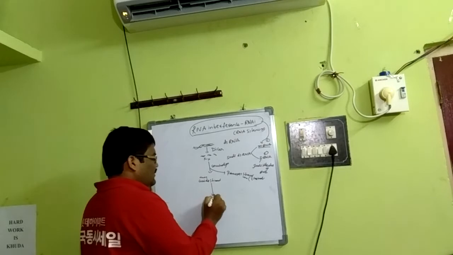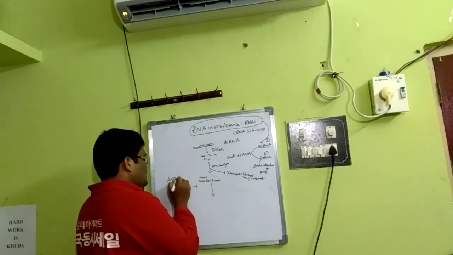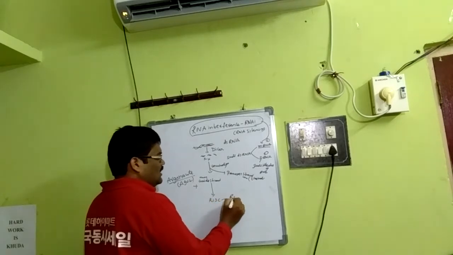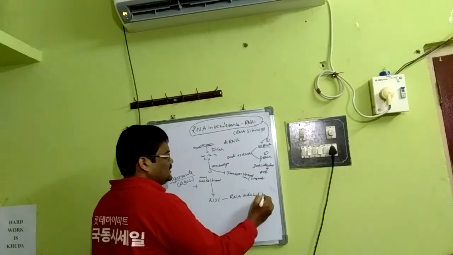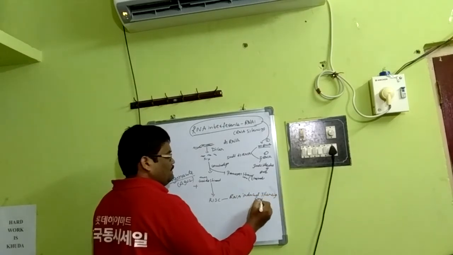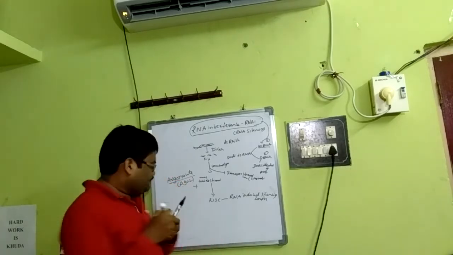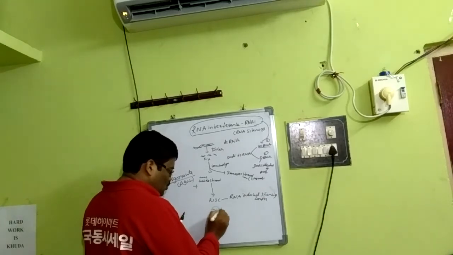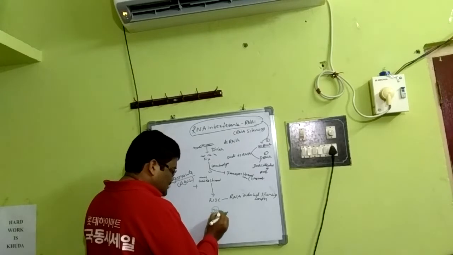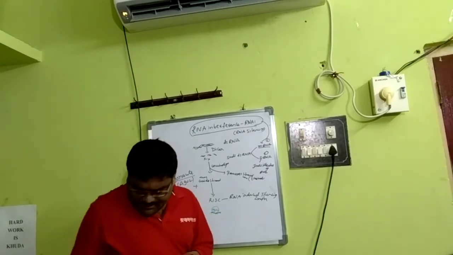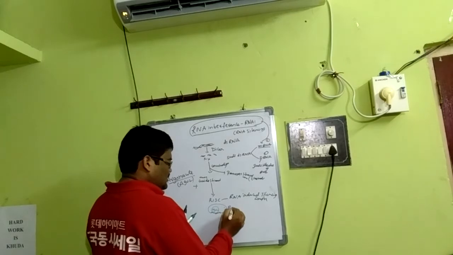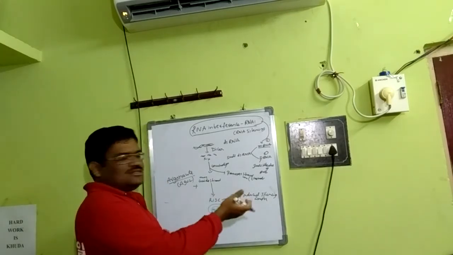Then this guide strand plus argonaute, this very important protein, simply AGO2, forms RISC, that means RNA induced silencing complex. You know how they form? So this is the AGO2, and this is the guide strand, and this is the complex formation, RISC. It is a group assembled between the proteins and the template strand.